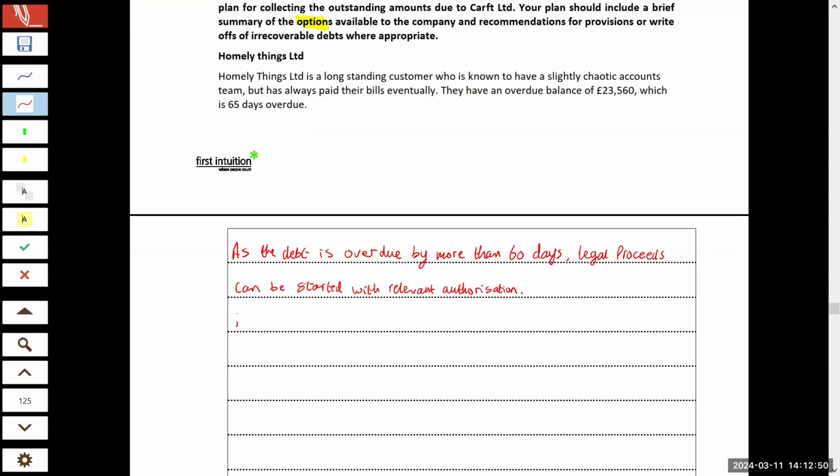We could say something along the lines of, due to this long-standing relationship, we could try and resolve the issue without needing that legal proceedings to be taken.